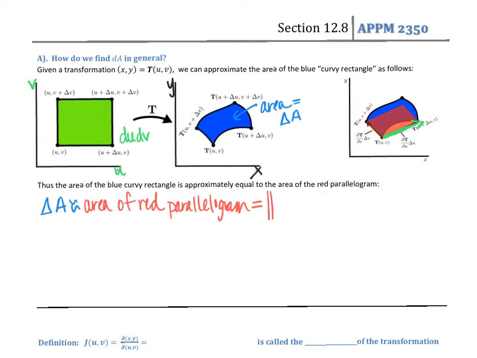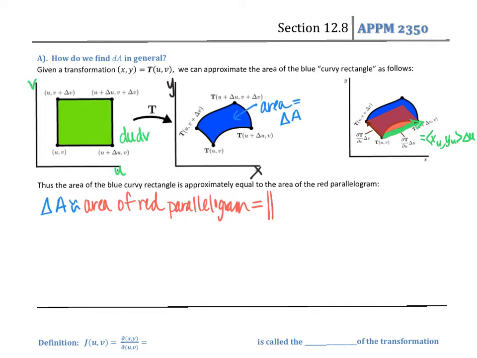This green vector right here is going to be the partial of x with respect to U, partial y with respect to U, and then I'm going to scale it times delta U because that's actually going to be the length, how far we've actually gone. That'll help you scale the length.